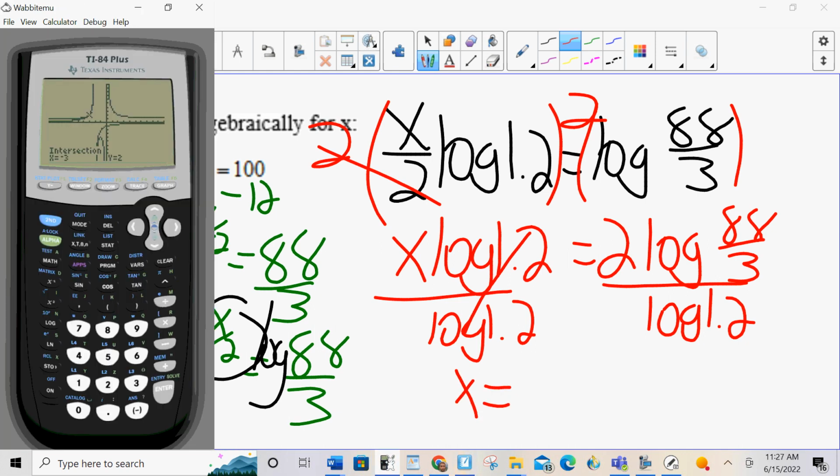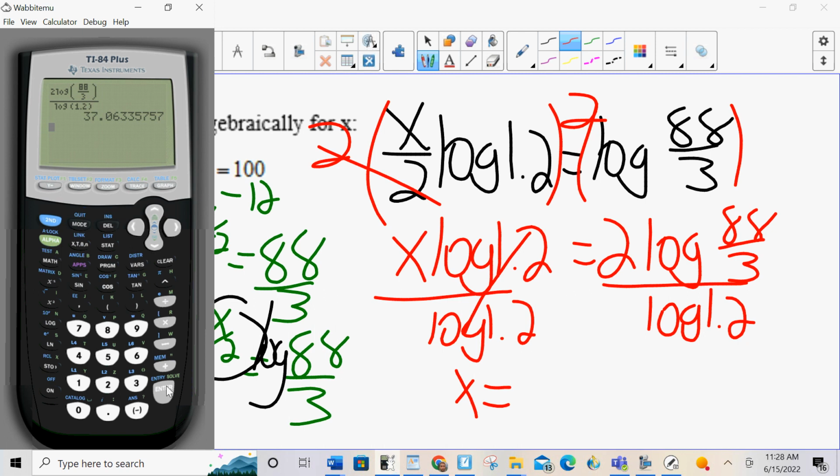It should say what to round to. I guess I didn't say what to round to. Sorry. They will say on the regions what to round to. I'll just choose to round to the nearest tenth. 2 log, why am I in y equals? I don't know. Alpha y equals enter. 2 log 88 over 3 over log 1.2.